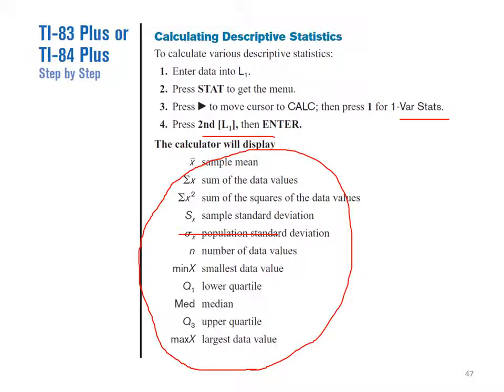Most of the time the useful values are Sx and x bar. Suppose you want the sample variance: your calculator provides only the standard deviation, not the variance, so you have to square it.